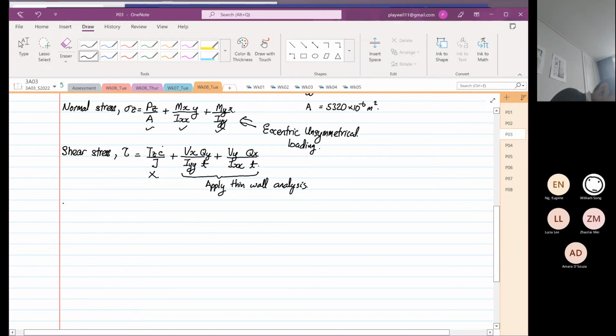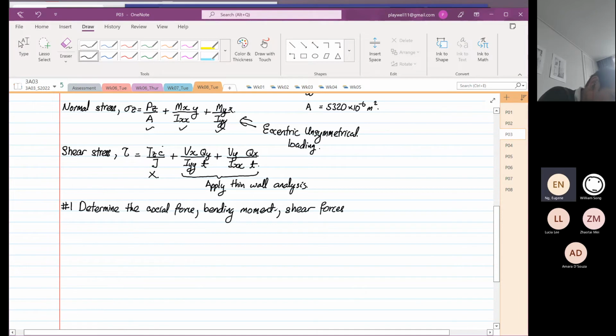Step number 1, we're going to determine the axial force, bending moment, shear force, and torque if there's any.